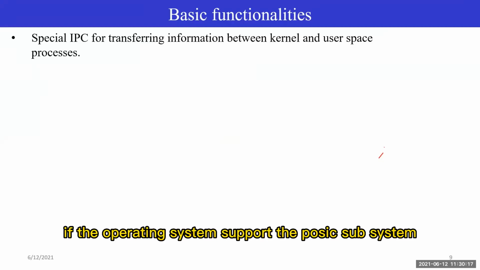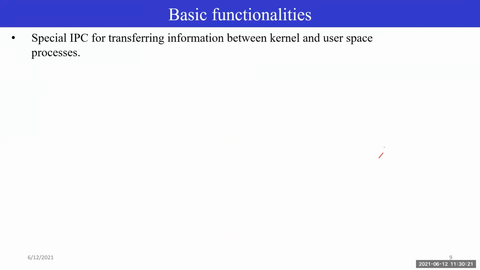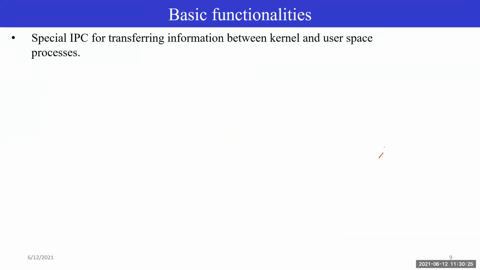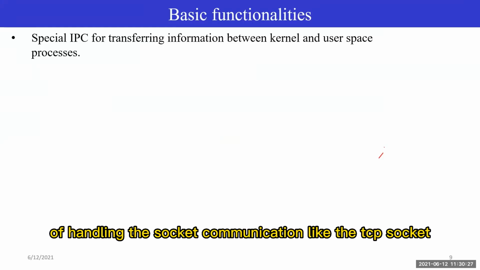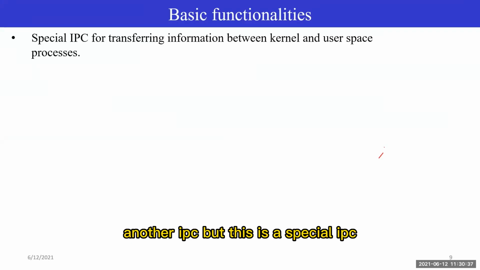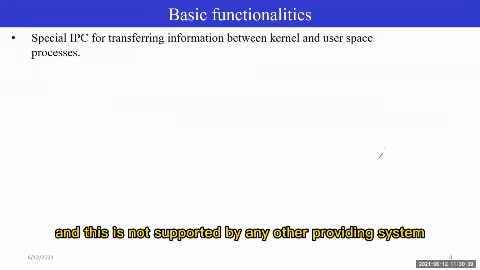If the operating system supports the POSIX subsystem, then that operating system is capable of handling socket communication, like the TCP socket or UDP socket. But this netlink, although it is another IPC, is a special IPC, and it is not supported by any other operating system.